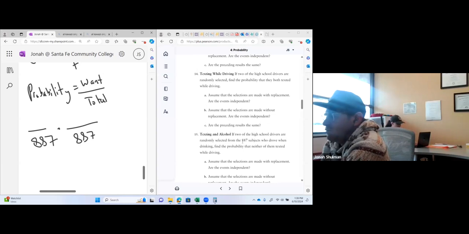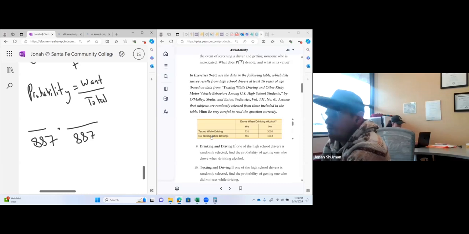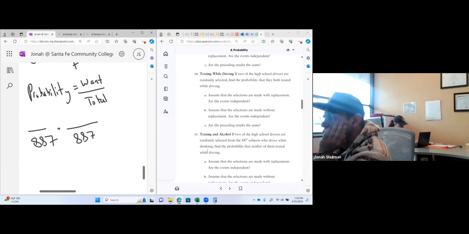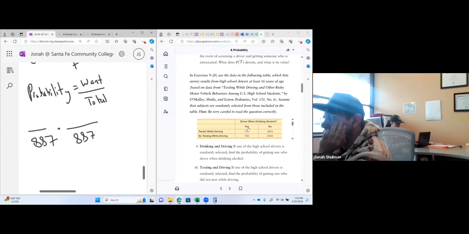Now, all we have to do is find the probability that neither of them texted while driving. So we have 887 for this one, right? Who drove while drinking, and we want them not to have texted while driving. So drove while drinking is this whole thing, right?